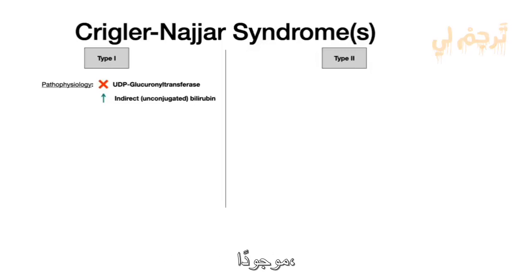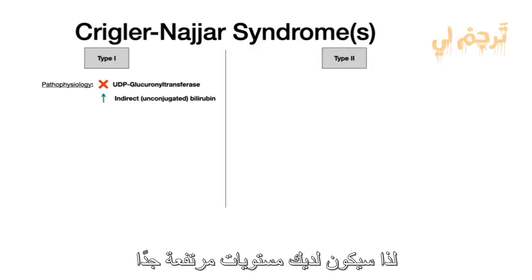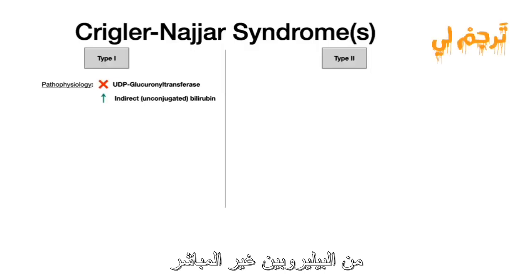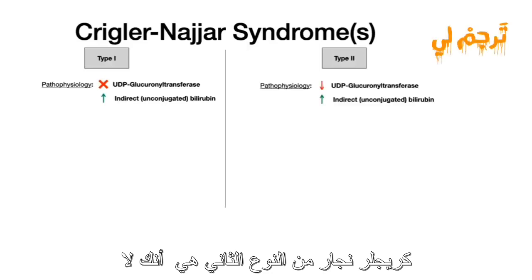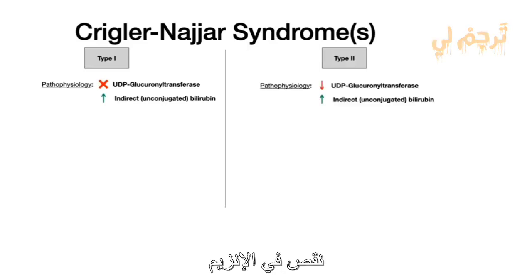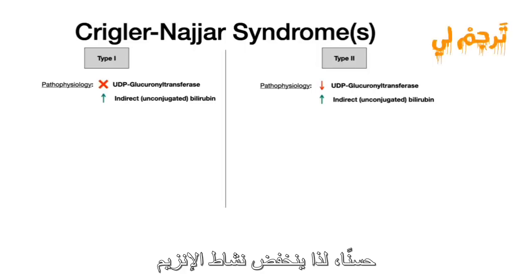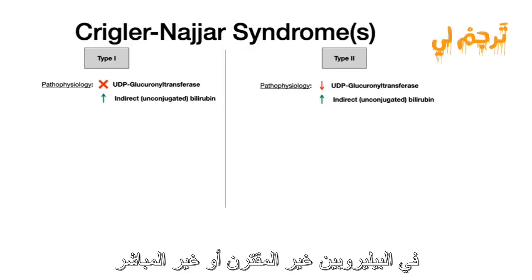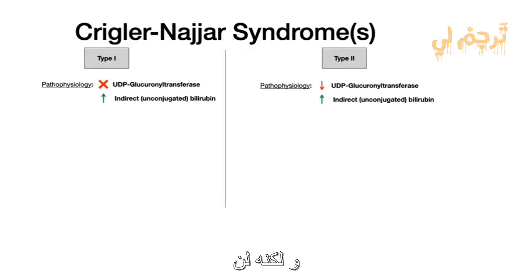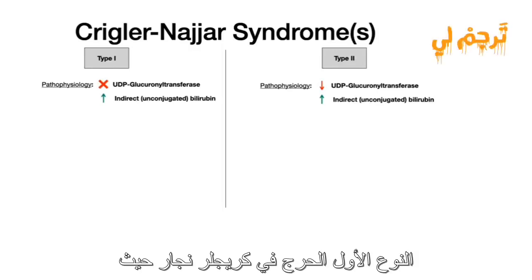So you're going to have very elevated levels of indirect or unconjugated bilirubin. The problem with type 2 Crigler-Najjar is that you don't fully knock out the enzyme, but you have a deficiency of the enzyme, okay? So the enzyme activity is decreased, but it's still there a little bit. And because of that, you're going to get an increase in your unconjugated or indirect bilirubin, but it's not going to be as high of a level that you see in type 1 Crigler-Najjar, where you simply have no enzyme whatsoever.